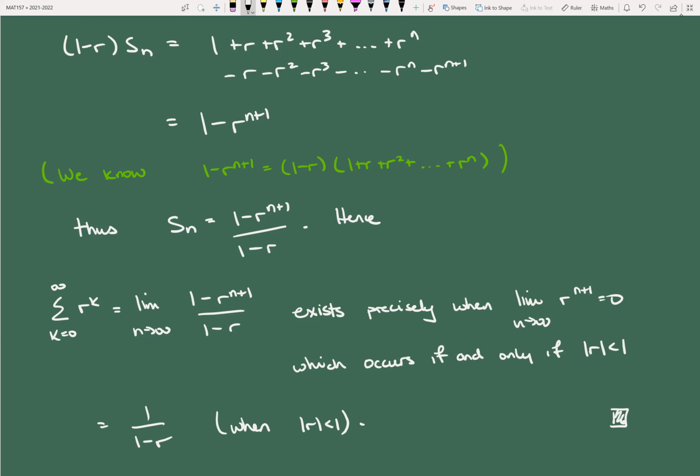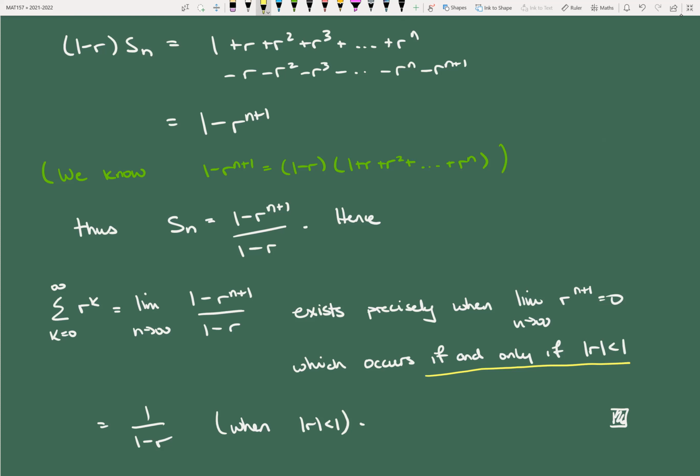I don't think we've said this part explicitly, but if you stare at it for a bit, you can probably convince yourself that this is true. If the absolute value of r is greater than 1, this thing diverges. It will go off to infinity, because if you take numbers bigger than 1 in absolute value and exponentiate them, they explode.